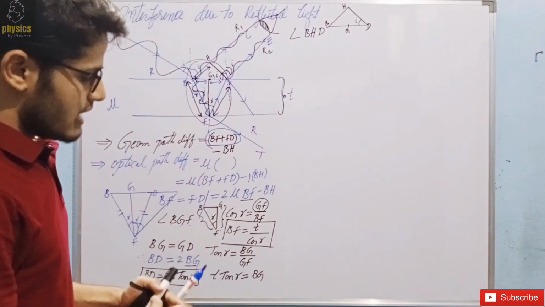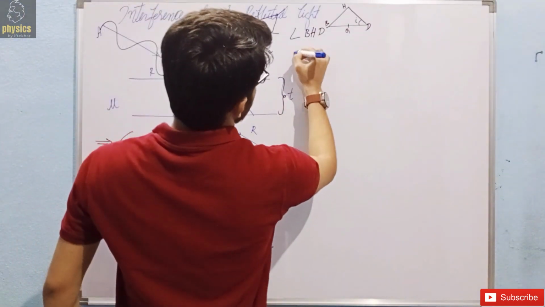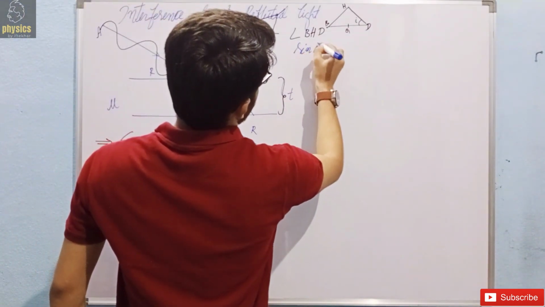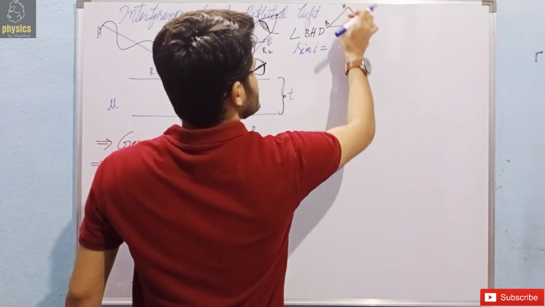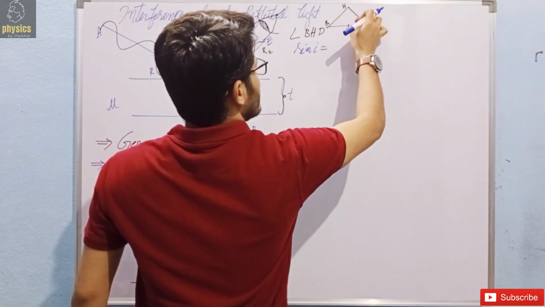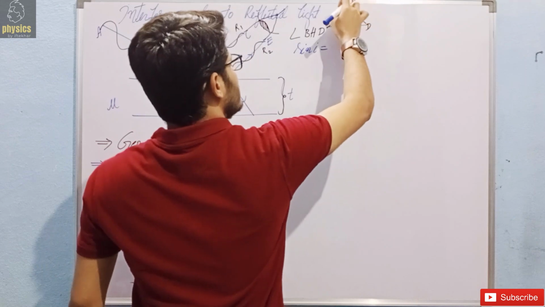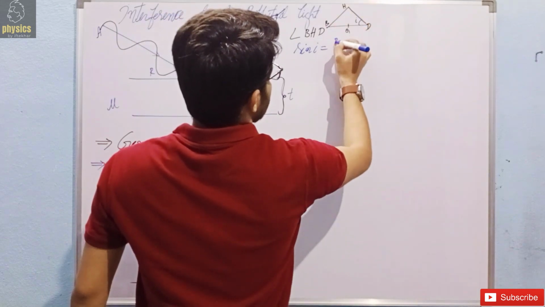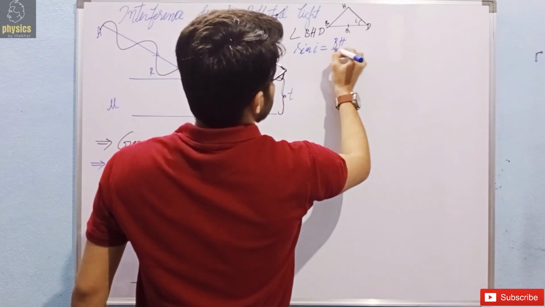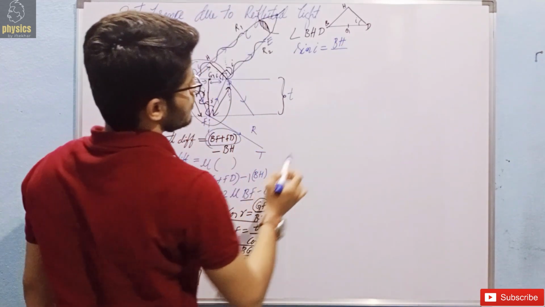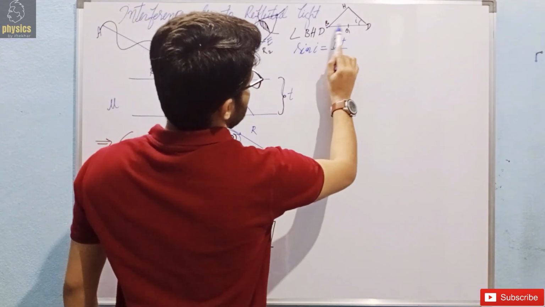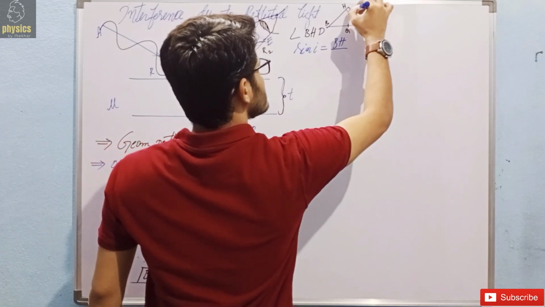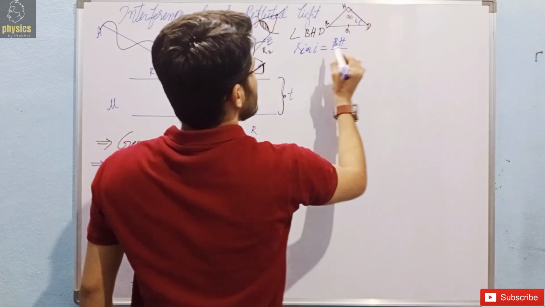Now from that triangle, sine I is equal to opposite by hypotenuse. Opposite to the angle is BH. Hypotenuse is BD, because this is 90.